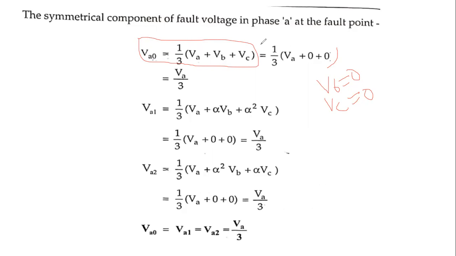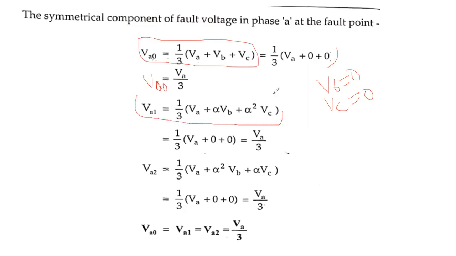Then we substitute VB equal to 0 and VC equal to 0 in this equation, and VA naught is equal to VA by 3. Therefore VA naught, the zero sequence component at A phase, is equal to VA by 3.